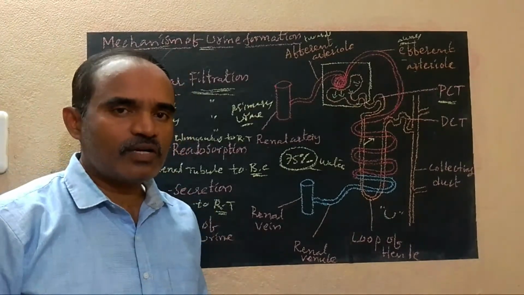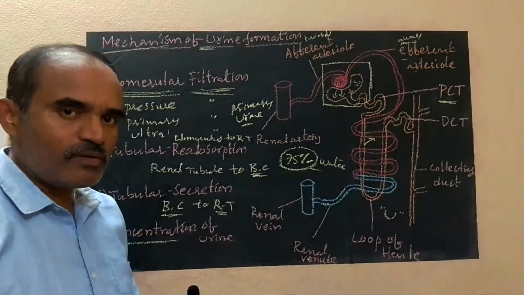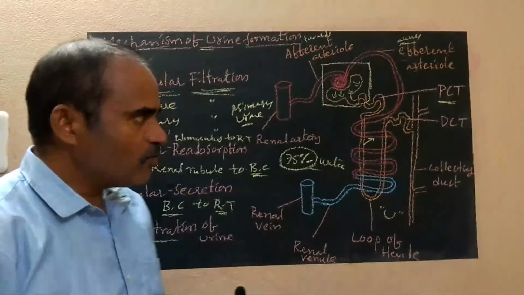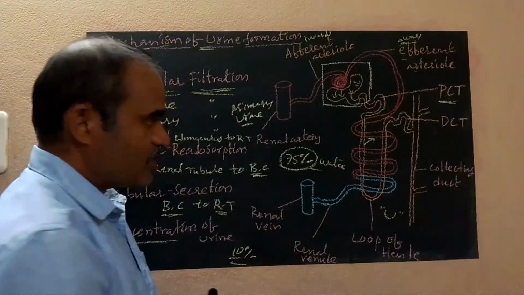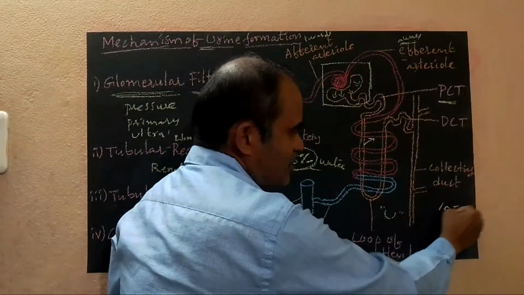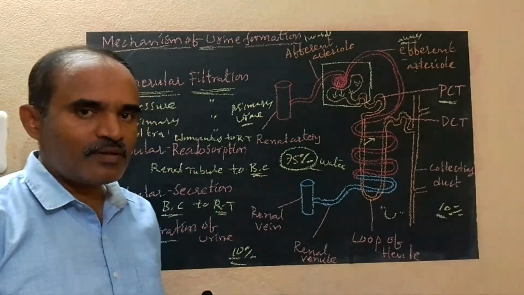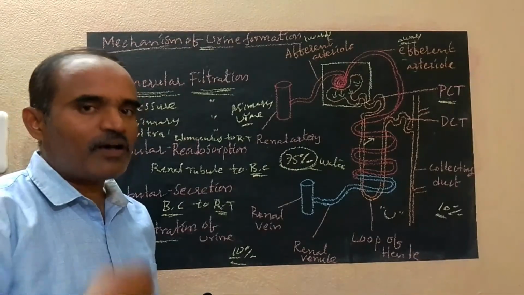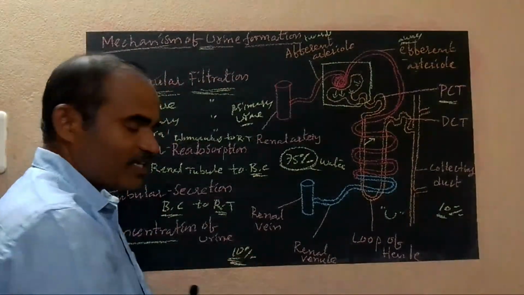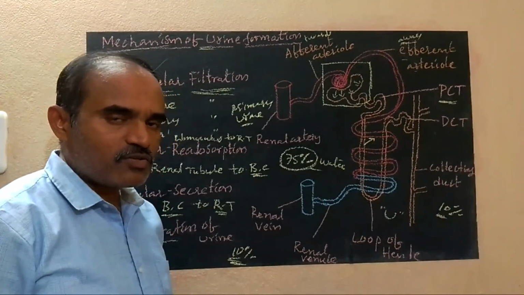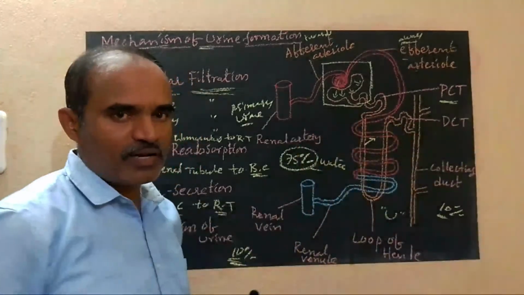So in the concentration of urine, here 10% of the water is reabsorbed in the collecting duct, passed from the collecting duct to the blood capillaries.